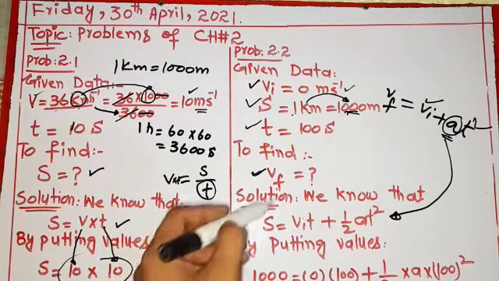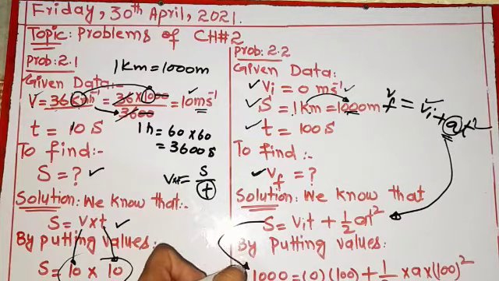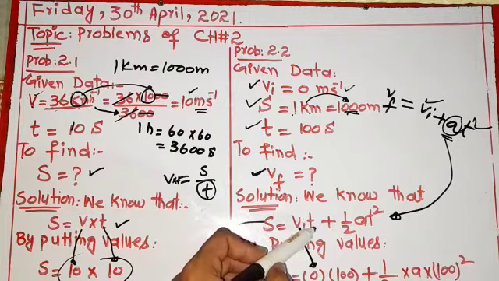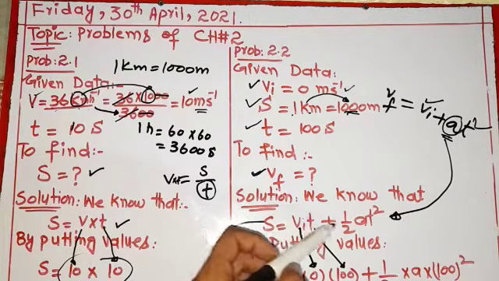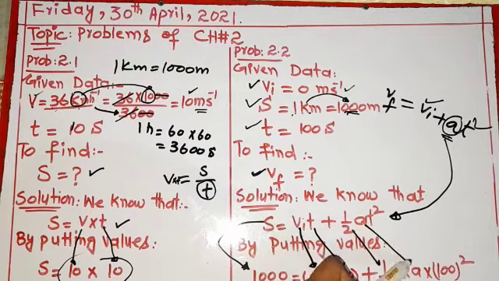By putting the values from the given data, the distance is 1000 meter, initial velocity is 0 meter per second and the time is 100 seconds. Half acceleration, we have to find it, and the time is 100 seconds square.